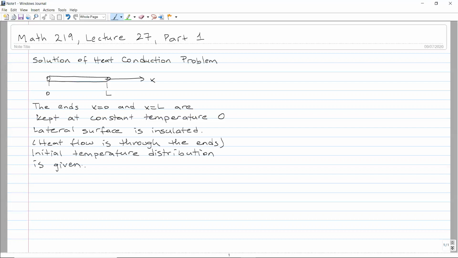So under these conditions, the basic equation, u(x,t) is the temperature at position x at time t. So our main equation, the partial derivative of the temperature function with respect to time, is equal to some positive constant alpha squared times the second partial derivative with respect to x.